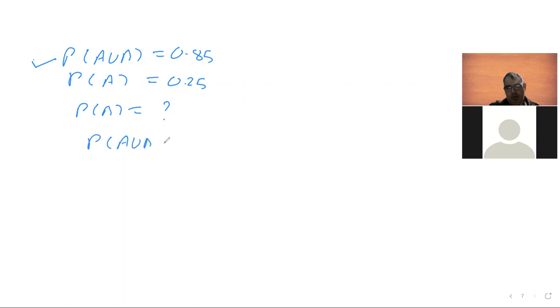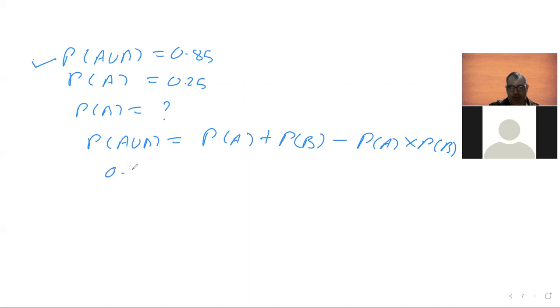P(A) plus P(B) minus the intersection. Are they independent events? Yes. So can I write this as P(A) into P(B)? So P(A union B) is 0.85, this is 0.25, this is P(B), minus 0.25 into P(B).